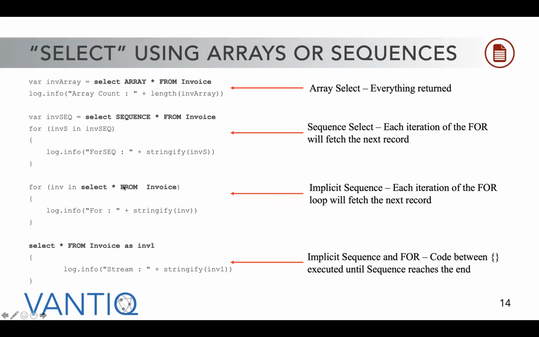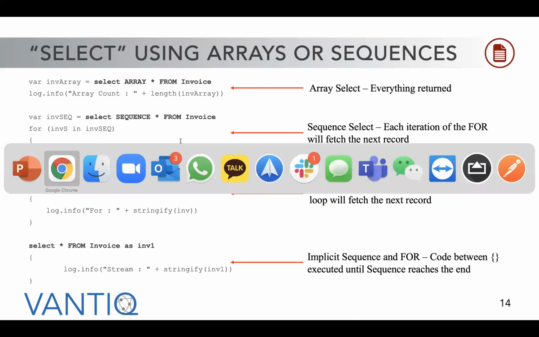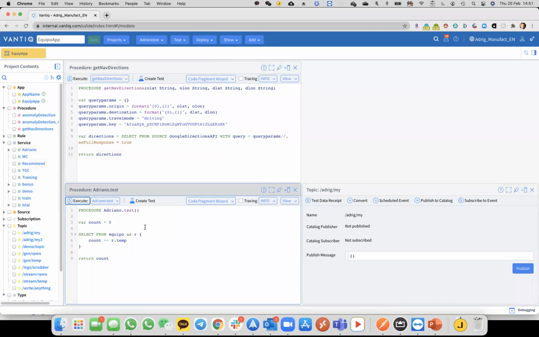The sequence is a much more performant way to work on large objects, large type sets. So one idea is to put, for example, select sequence. So this returns a sequence.